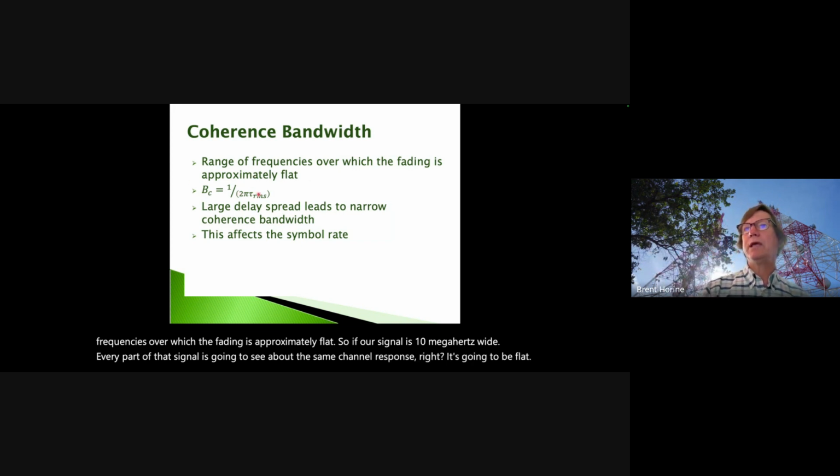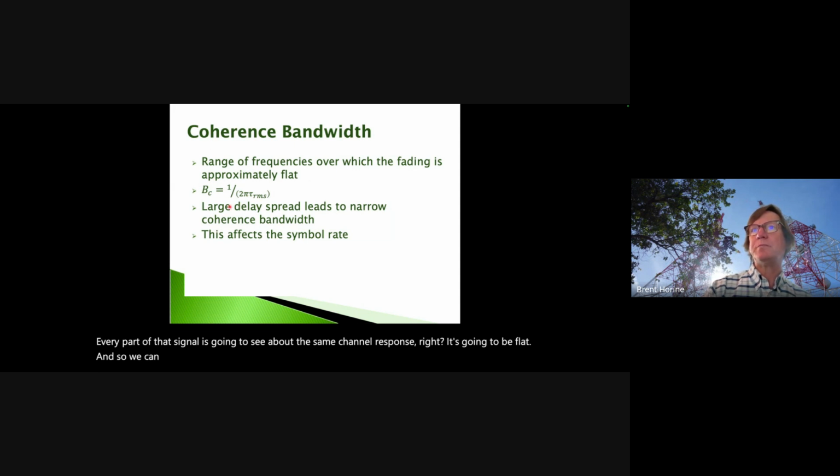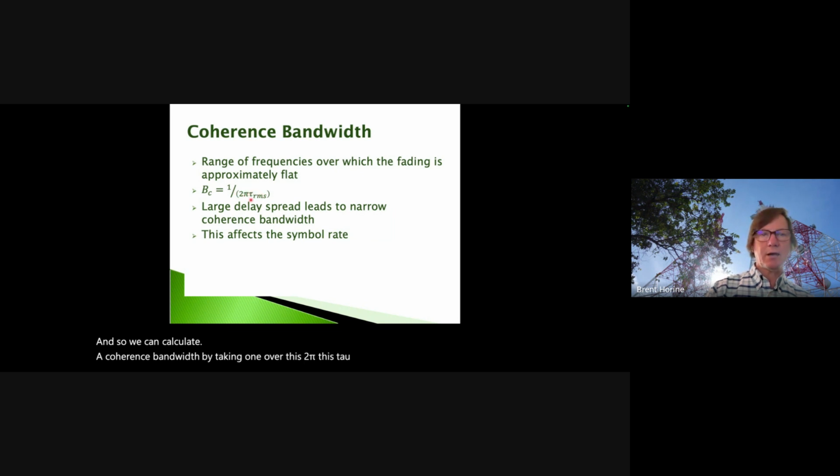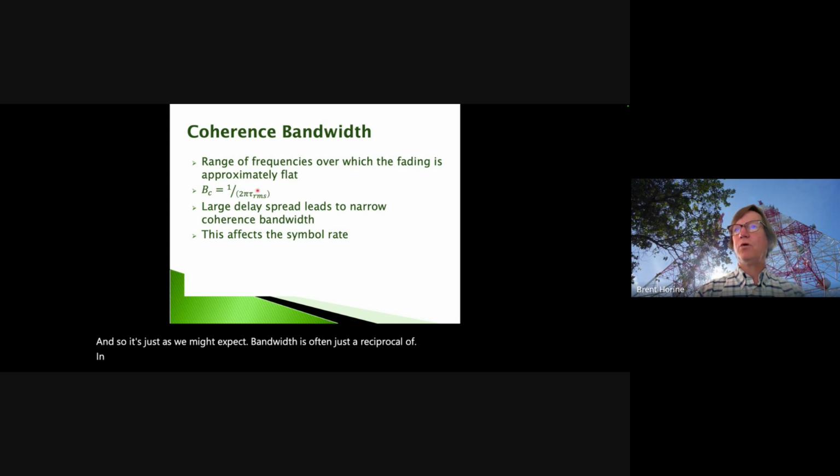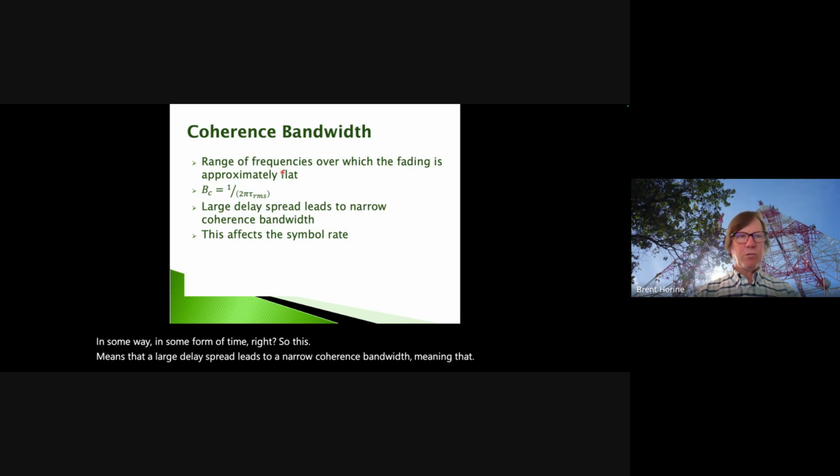And so we can calculate a coherence bandwidth by taking 1 over 2 pi tau RMS, that we calculated in that previous slide. And so it's just, as we might expect, bandwidth is often a reciprocal of some form of time, right? So this means that a large delay spread leads to a narrow coherence bandwidth, meaning that the channel will have more closely spaced notches in frequency.